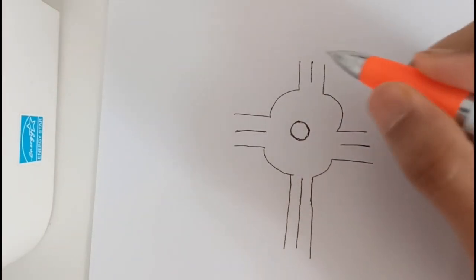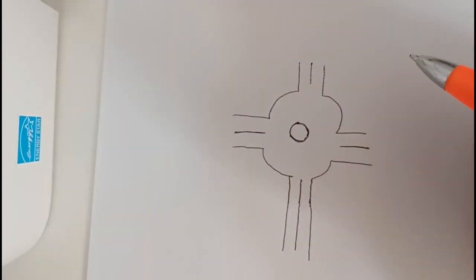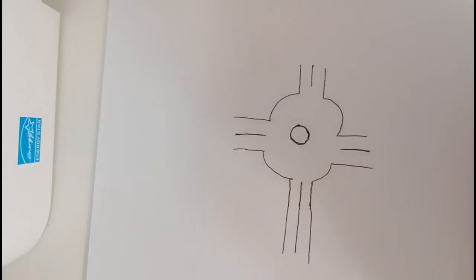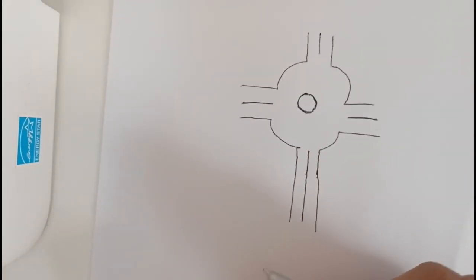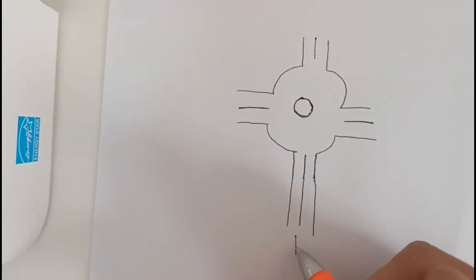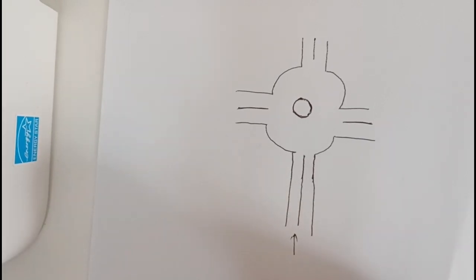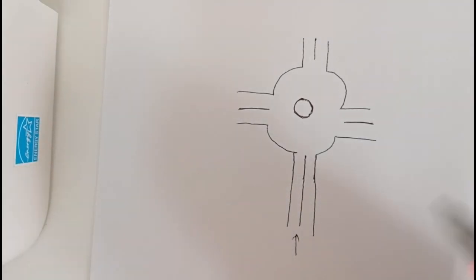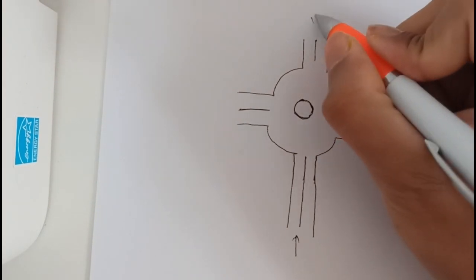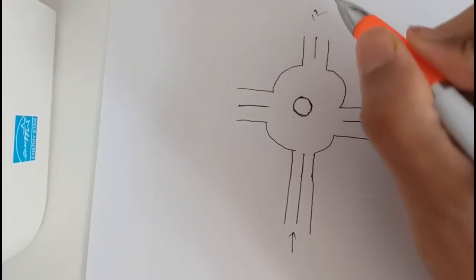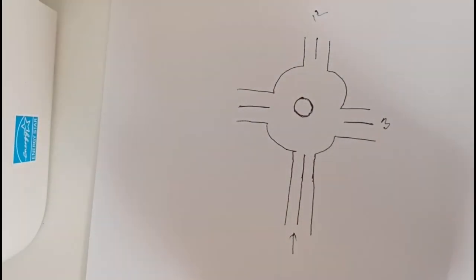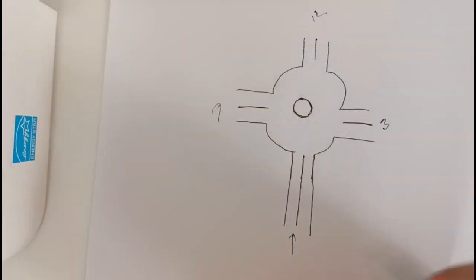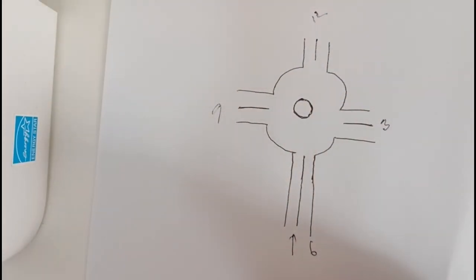If we look at a basic roundabout, it looks like a clock. If this is the entrance of a roundabout, we can compare it to a clock, like this is 12, this is 3, this is 9, and this is 6.